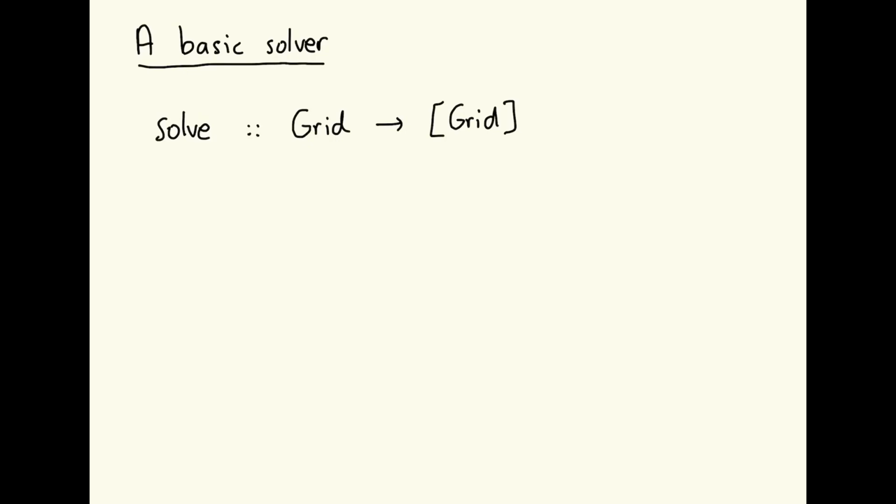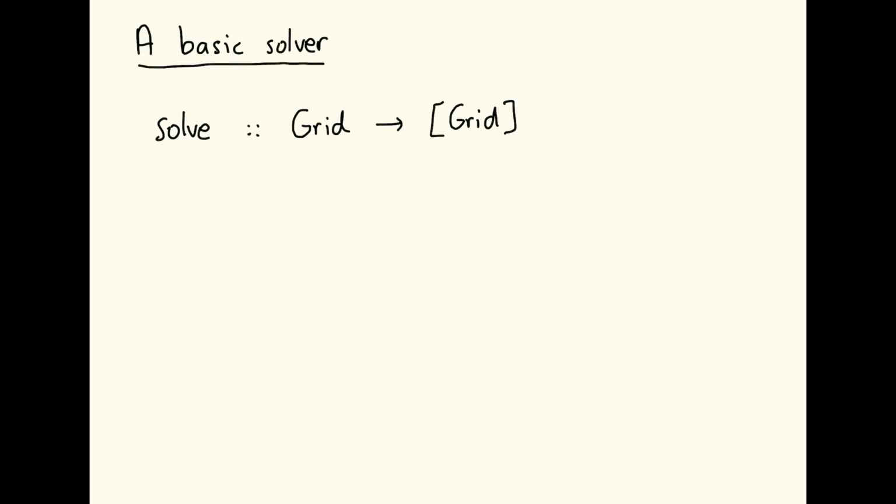You can see here we're solving a more general problem than the one we actually want to solve. Each Sudoku grid that appears in the newspaper only has a unique solution. So in principle, we could make the solve function take a single grid and give back the single grid that solves it. But actually we're going to solve a harder problem here. If a grid has more than one solution, we're going to give back all of them.